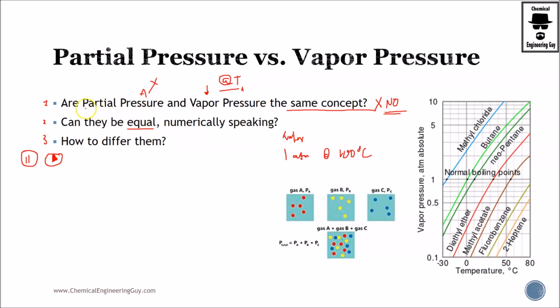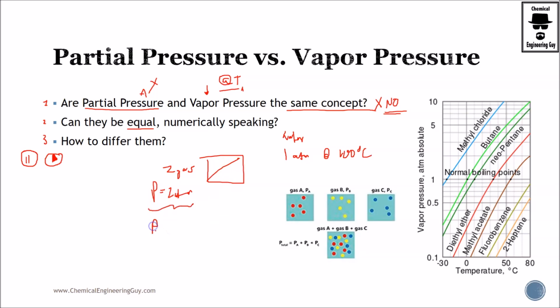Now, in order to obtain a partial pressure of water of 1 atmosphere, let's say we have 2 gases, both at the same conditions. So we have a total pressure of 2 atmospheres. And since this is 50-50, let's say half is air and the other half maybe, I don't know, let's guess it's methane.